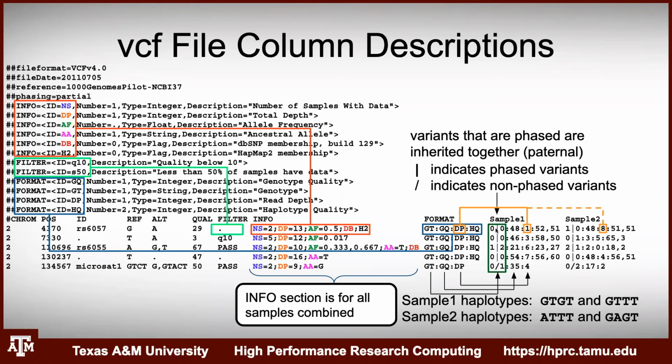And 0 means it's the same as the reference. And then for here we have the 2 alternative SNPs, so 1 and 2. This sample has 1 paternal or 1 reference sequence and 1 mutation. Any questions?